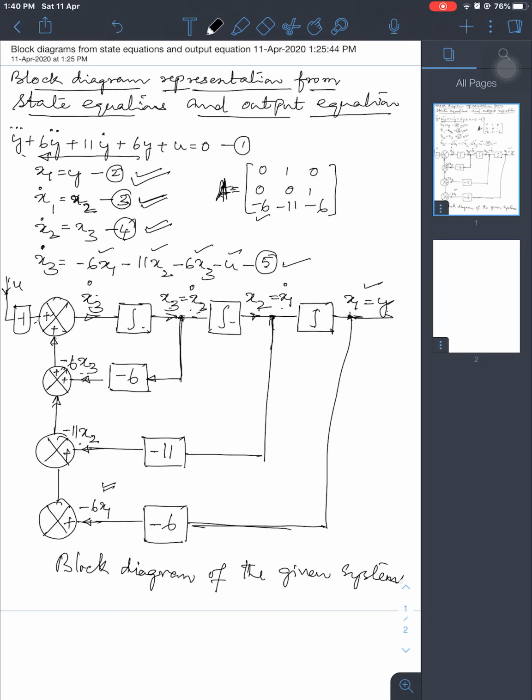Thus, minus 6 corresponds to the negative of the coefficient of y. Minus 11 is the negative of the coefficient of y dot. Minus 6 is the negative of the coefficient of y double dot. And this particular form of system matrix is called Bush form, or also called companion form.